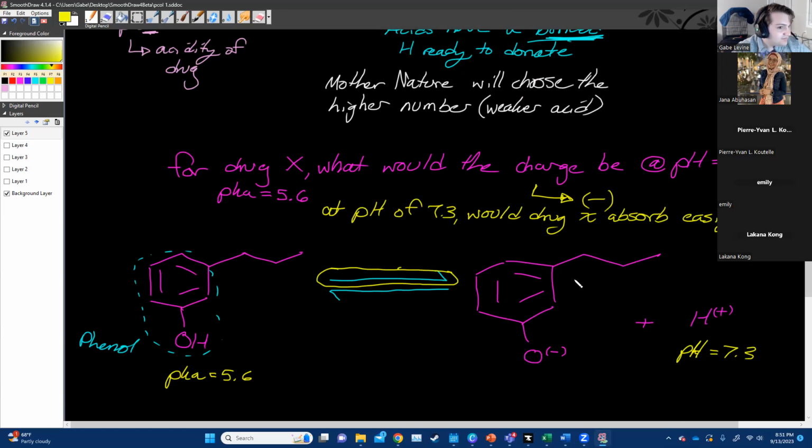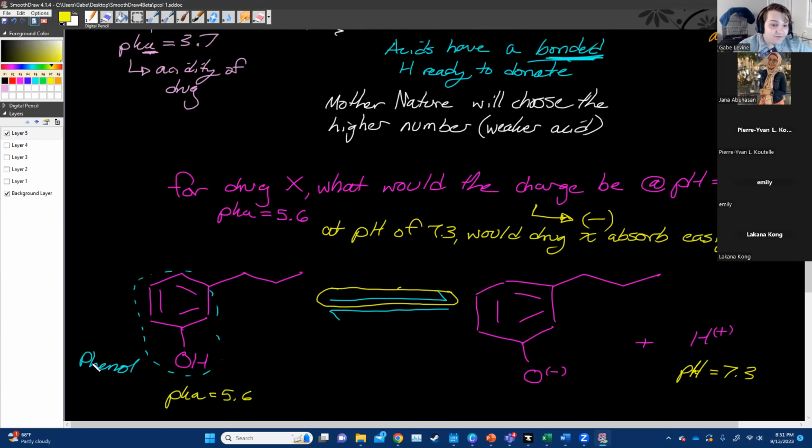No, because it's not as polar as the one on the right. Just like you said earlier, Mother Nature would prefer the neutral rather than the charged. The best kinds of drugs for absorption are neutral. But here at a pH of 7.3, is this going to easily absorb? No, because it's charged. Does that make sense?